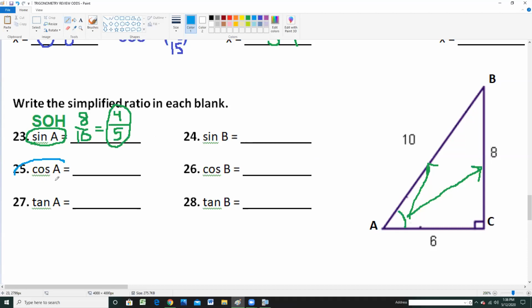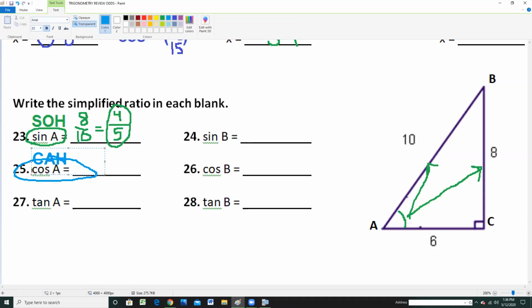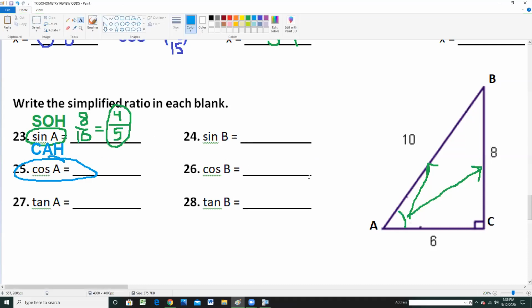All right, cosine of A. Sohcahtoa. Cosine is adjacent over hypotenuse, so we're going to go 6 over 10, which also needs reduced, and we're going to reduce that down to 3 over 5.